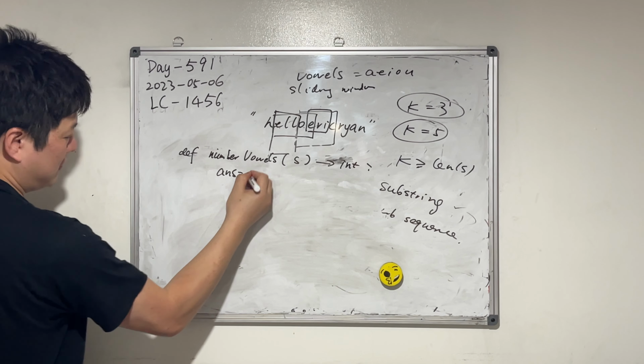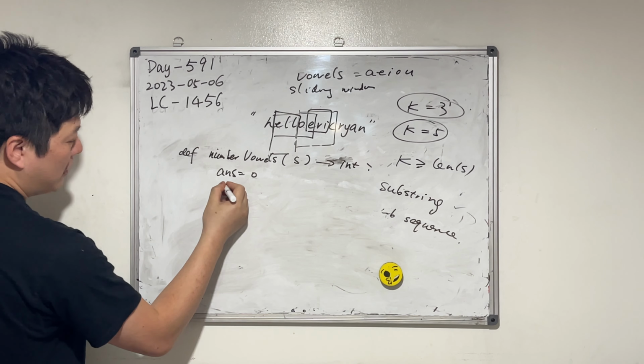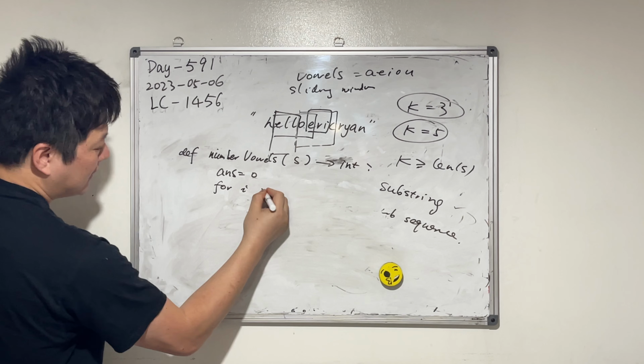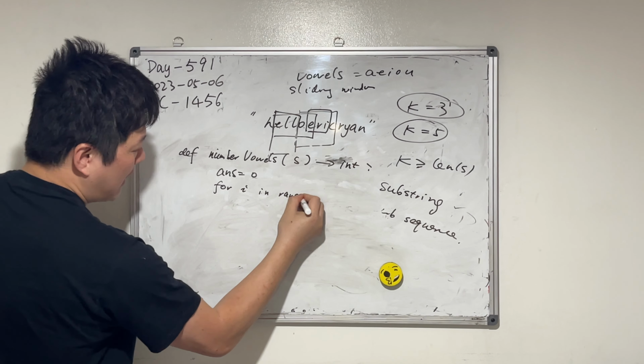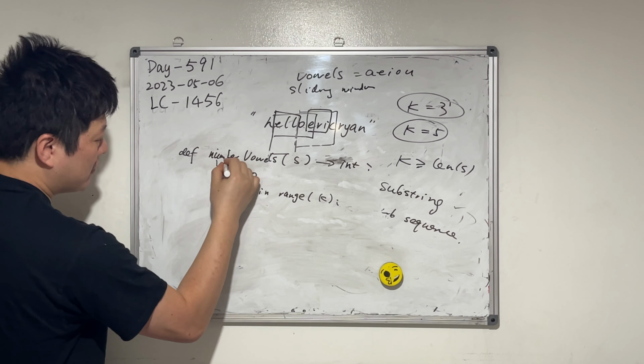Answer equals 0. At the beginning, we need to construct a window of size k, right? So for i in range up to k, window equals 0.